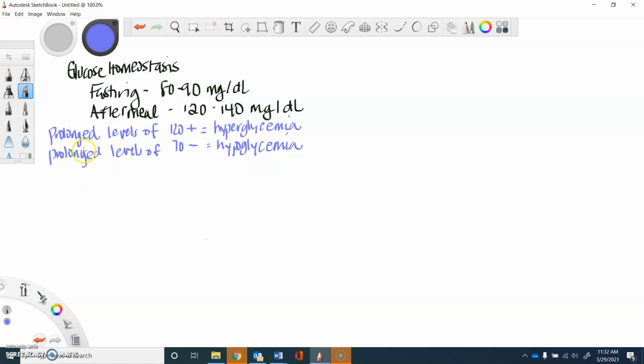So hypoglycemia can send you into, so let's just put hypoglycemia here. If your blood sugar gets really low, let's say less than 50 milligrams per deciliter, that's going to send you into shock. So hypoglycemic shock.